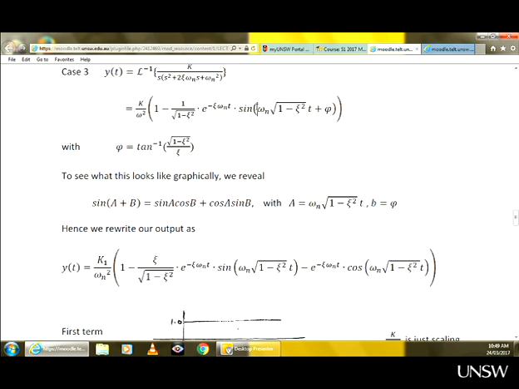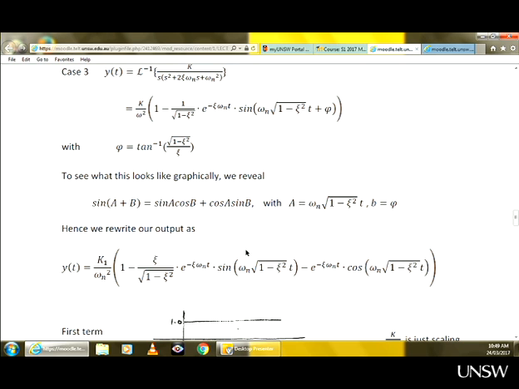This sine function can be expressed as sine of A plus B, and we probably know that that can be expanded as sine A cosine B plus cosine A sine B, where A is the first term here, omega n square root 1 minus psi squared times t, and B would be phi.